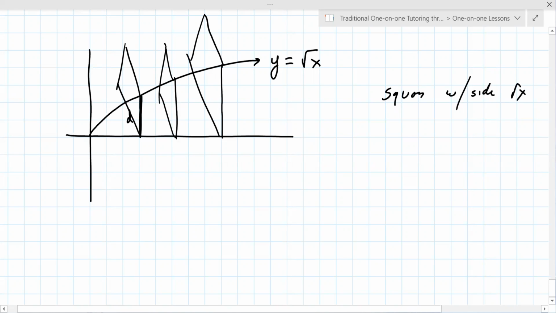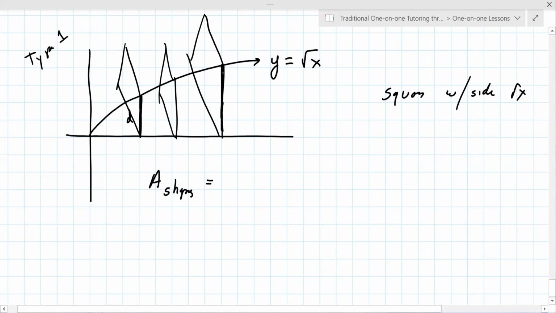This is type 1 of the problem you might see, where they give you a curve or two curves, and they tell you that the distance from the axis to the curve or between the curves is something. It could be a side, a radius, or the base of a triangle. We'll do that one next. But what you have to figure out is the area of each one of these shapes.